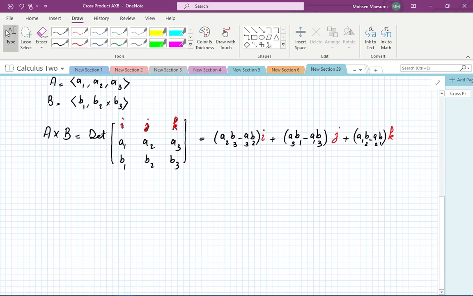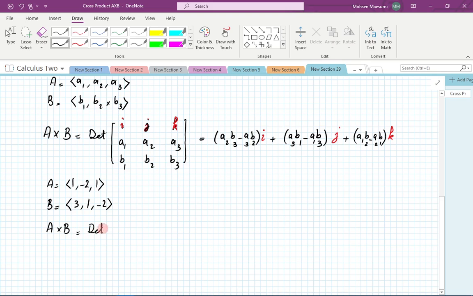Let's just go ahead and practice, make sure we understand what's involved here. Suppose my A is the vector 1, minus 2, 1. B is the vector, say, 3, 1, minus 2. The question is, what is A cross B?